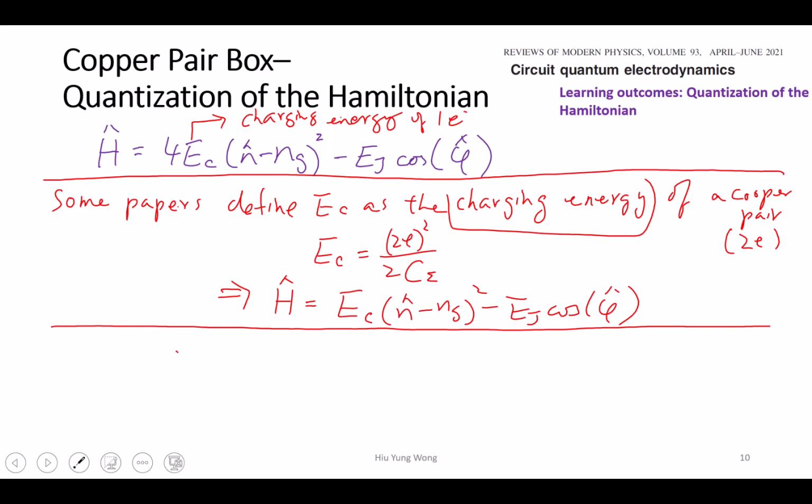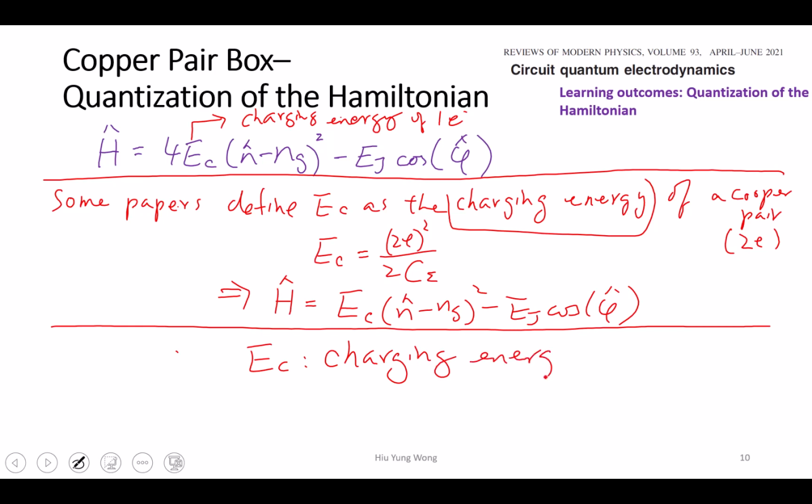Now you look back, this also kind of makes sense. Its Hamiltonian is how much you store as capacitive energy plus how much you store as inductive energy in the Josephson junction, which is a nonlinear inductor, remember? So now we have 2 very important quantities, EC, right? Let me repeat this. EC is the charging energy. You will see this very often.